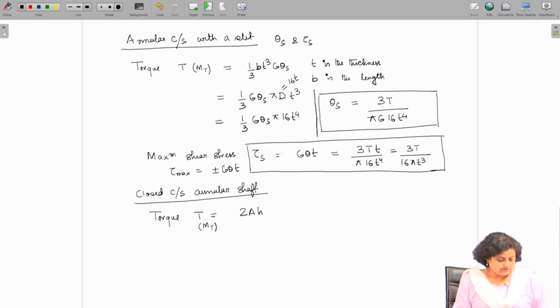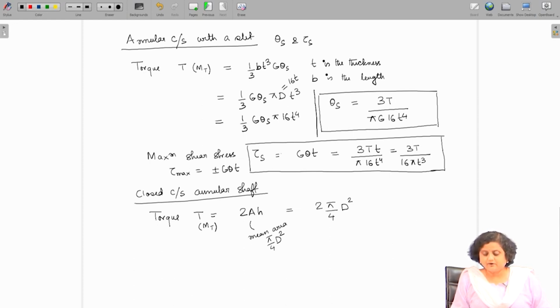So, A is going to be pi by 4 into d square, where A is the mean area, which is pi by 4 into the mean diameter squared, into h.